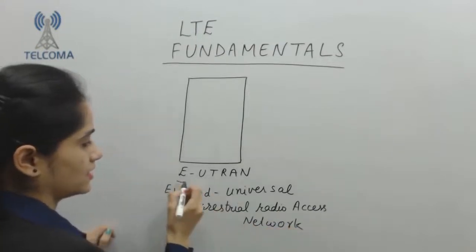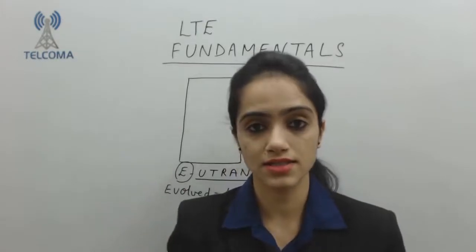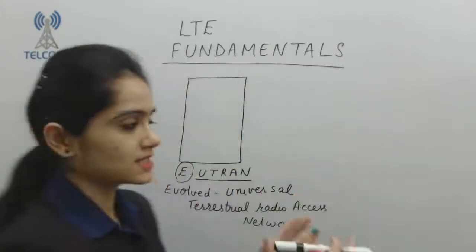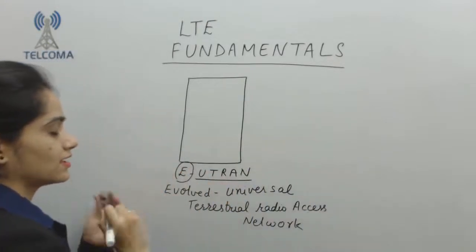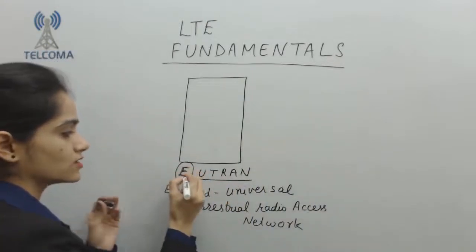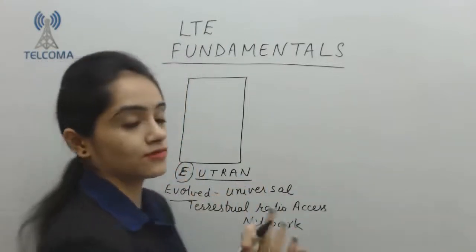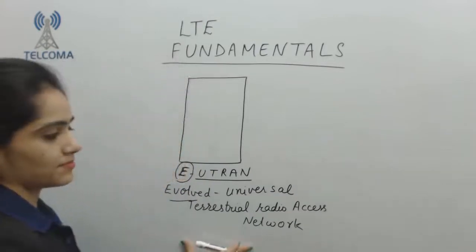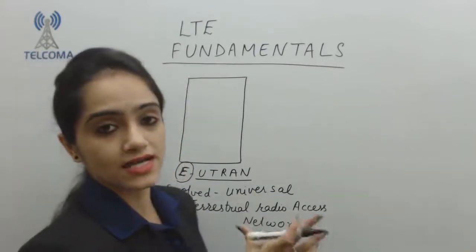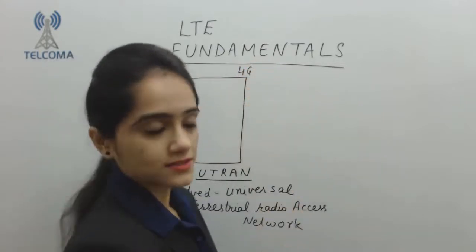I have written here evolved UT-RAN, as the UT-RAN part is there in our 3G cellular systems, but this RAN part is evolved as compared to 3G. That's why evolved. Everything is evolved. So we have written here the word E, evolved universal terrestrial radio access network. Now this EUT-RAN part is the RAN part, or radio access network, of 4G cellular systems.